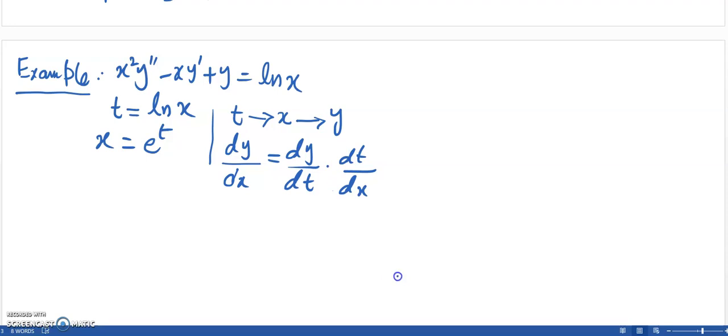So this equation simply says that if we want to take a derivative of y with respect to x, we can also take the derivative of y with respect to t, which in turn will be multiplied by the derivative of t with respect to x. Okay, so in this case, dt over dx will be equal to 1 over x, from this equation. So we can write it like dy over dt into 1 over x. So this is the first derivative y prime.